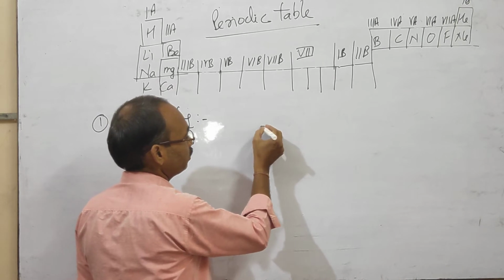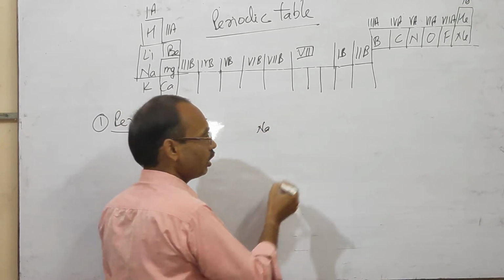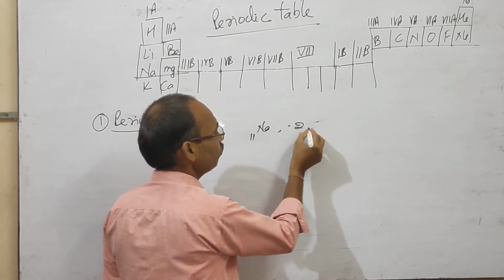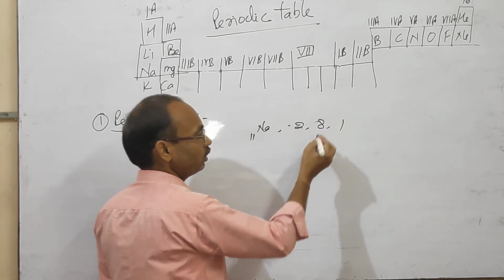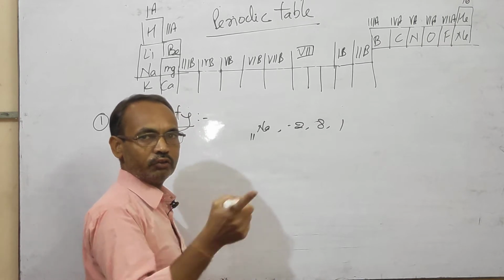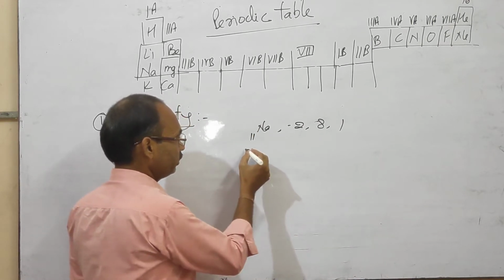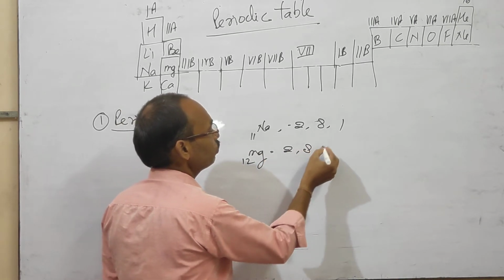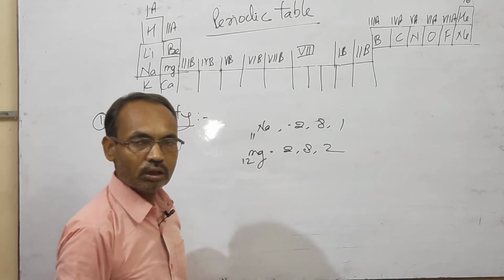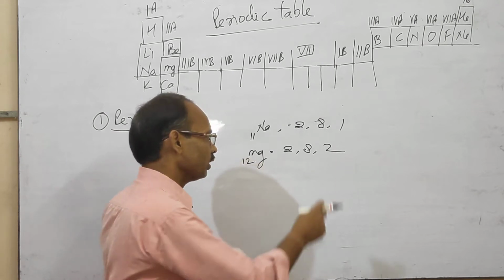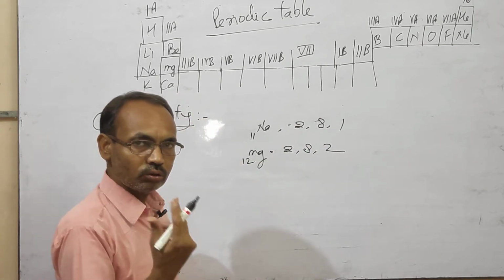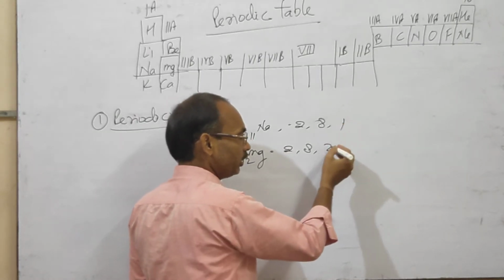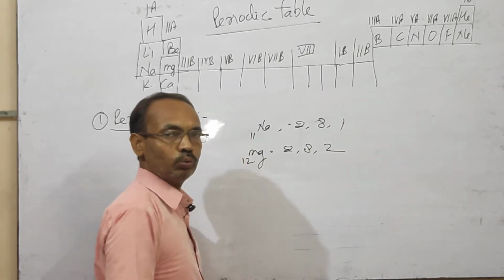Suppose this is sodium. You know that sodium 11 is 2, 8, 1, so in the last shell there is 1 electron, and magnesium 12 is 2, 8, 2, so in the last shell, I mean the valence shell, there are 2 electrons. So the reason of periodicity is 1 here and 2 there.